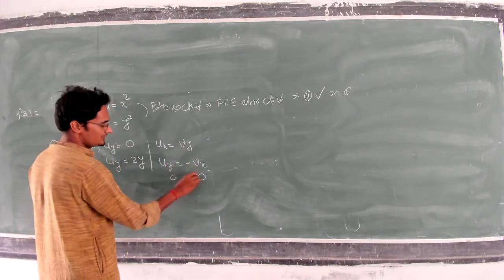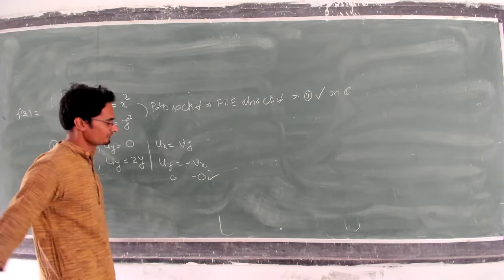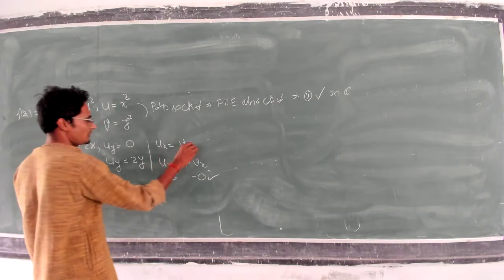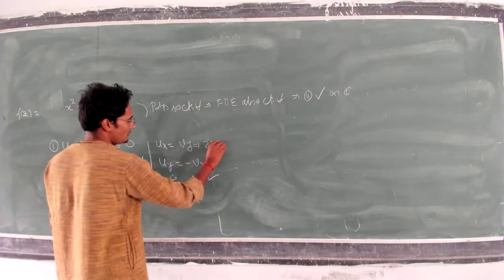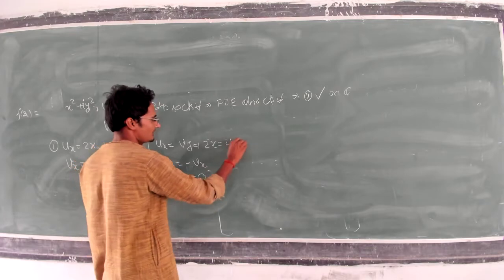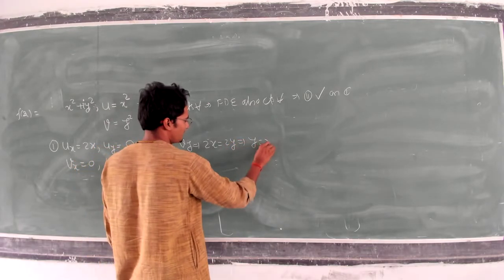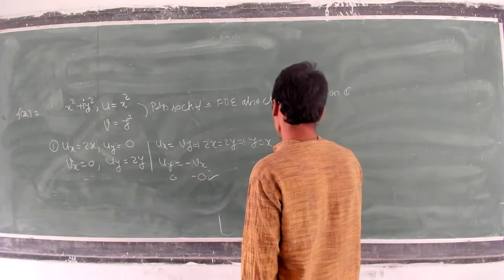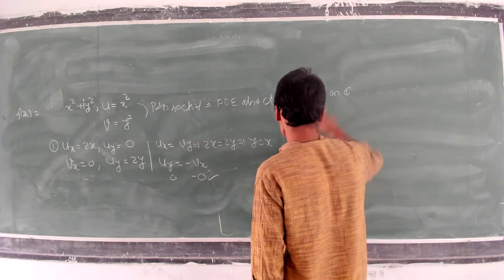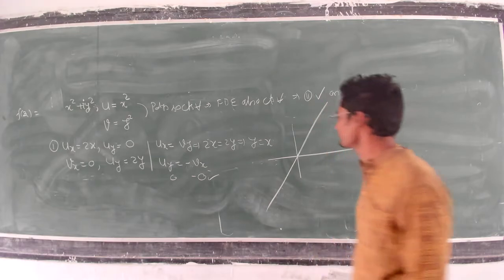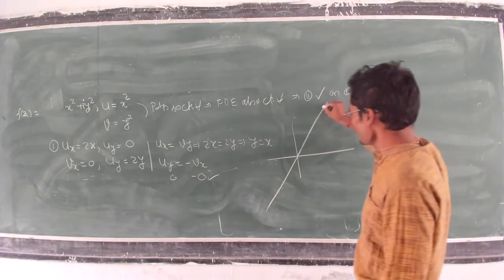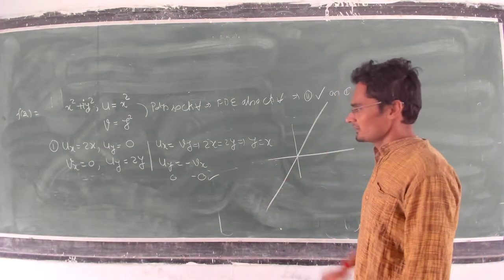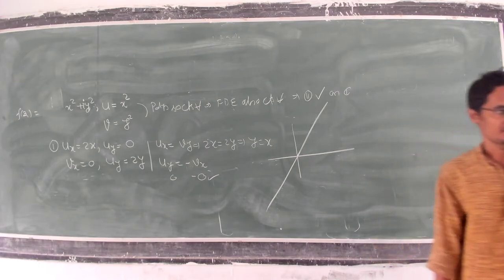This is 0, this is 0, so no problem. Ux is equal to vy, 2x is equal to 2y, implying that y is equal to x. Okay? So on this line, your first condition is satisfying.